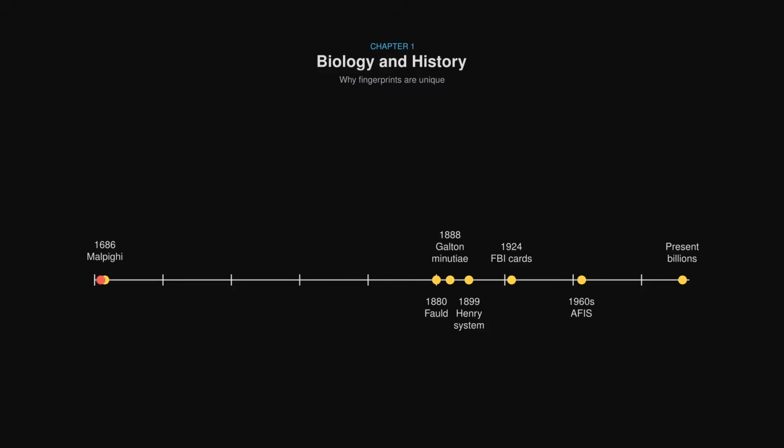By 1924, the FBI had a database of over 800,000 fingerprint cards. By the 1960s, manual matching had become impossible at that scale. That is when the age of AFIS began, and now we have many brilliant fingerprint biometric systems.